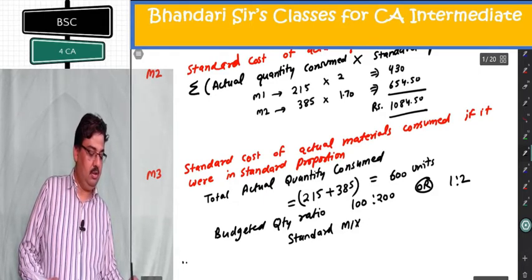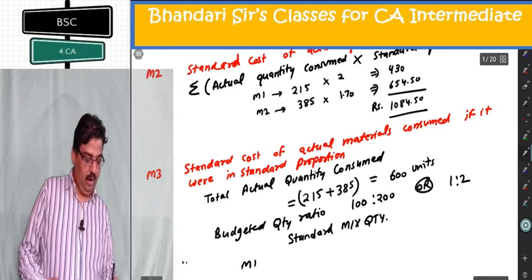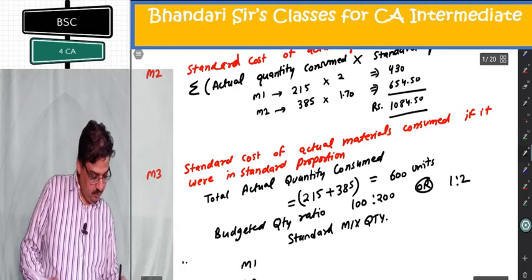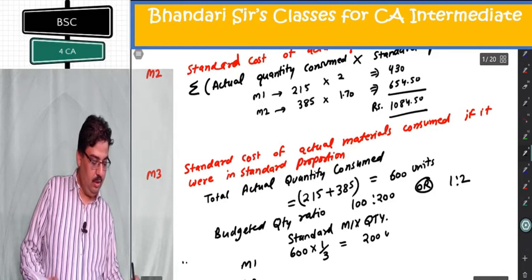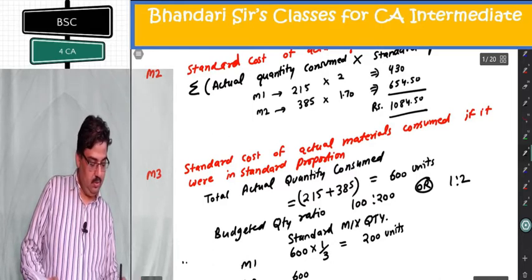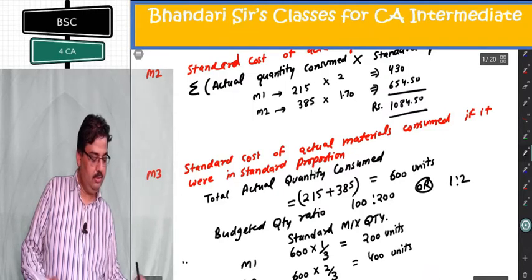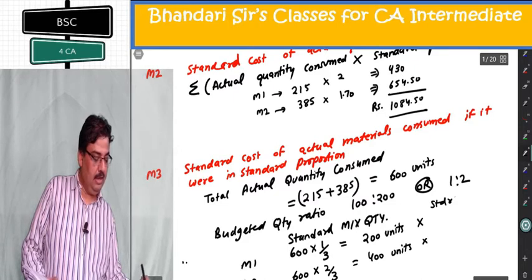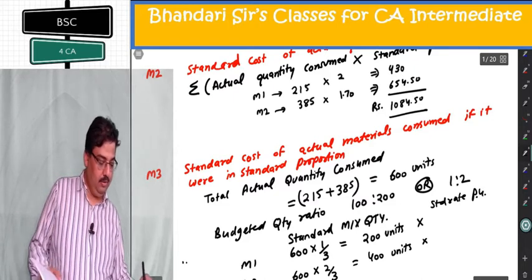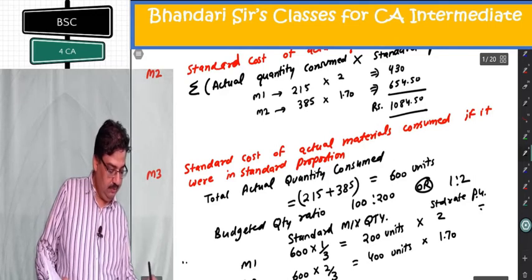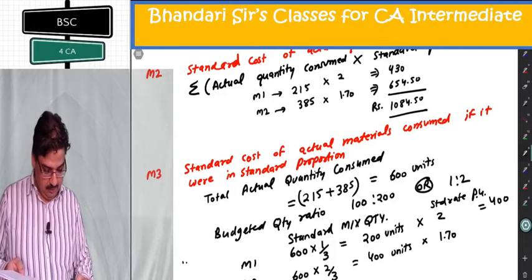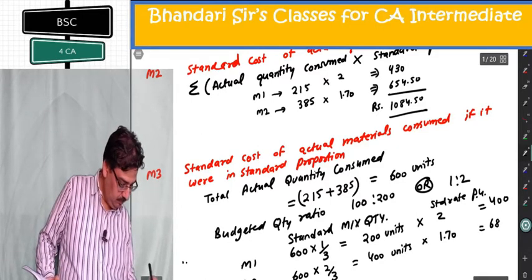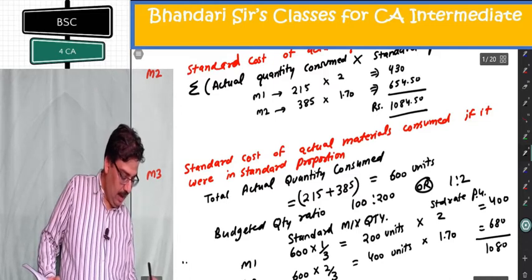Standard mix quantity for M1 and M2: 600 into 1/3, 200 units; 600 into 2/3, 400 units. Multiplied by standard rate per unit, 2 and 1.70. 200 into 2 is 400, then 400 into 1.7, 680. If I add, 1080.